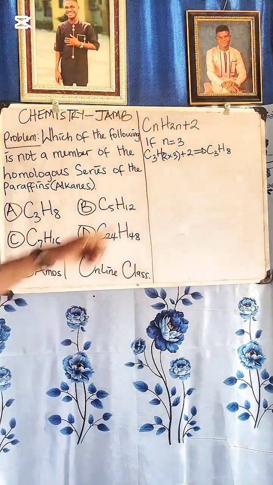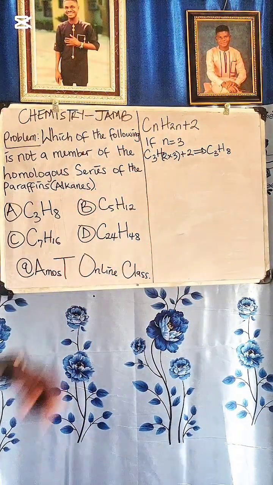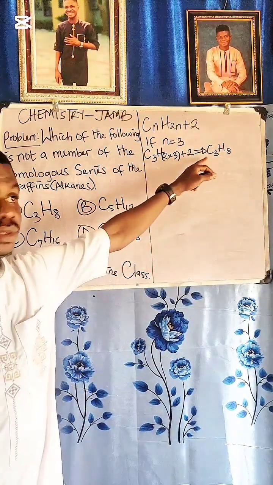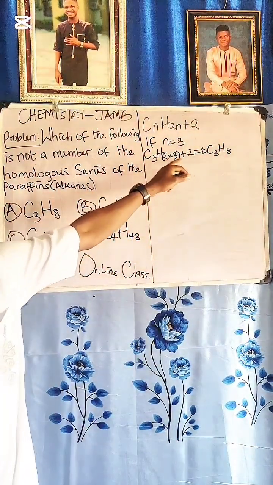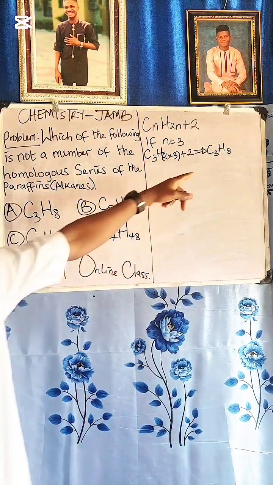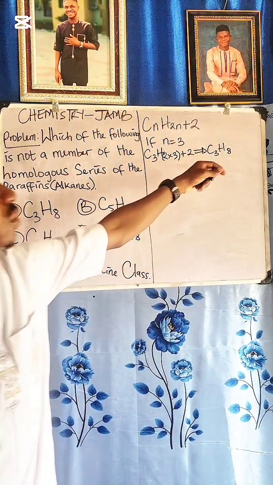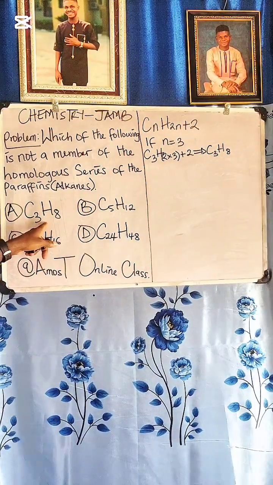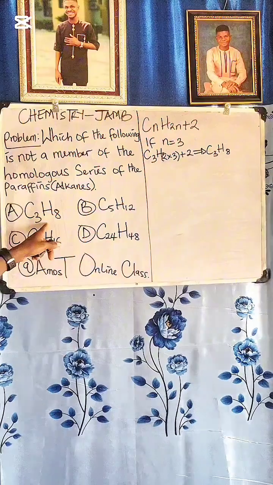So we're going to have C3H2 times 3 plus 2. If you check this out, we have C3, 2 times 3 is 6, plus 2 is 8. So this is actually an alkane because it follows this pattern. This is the third member of the alkane family and it is called propane.